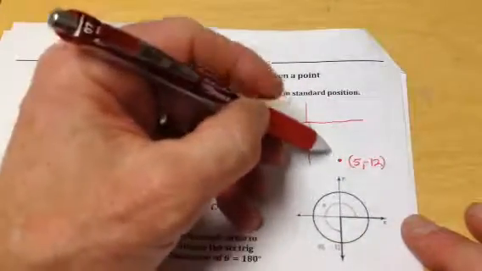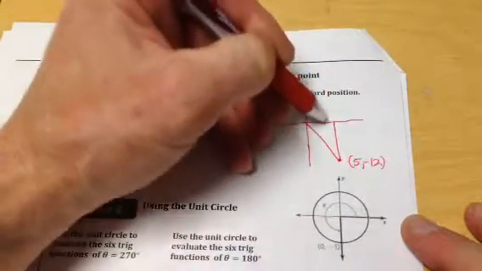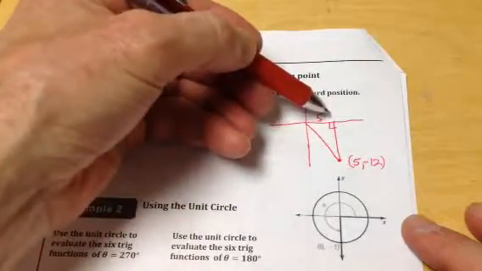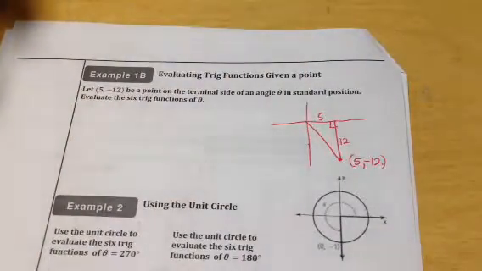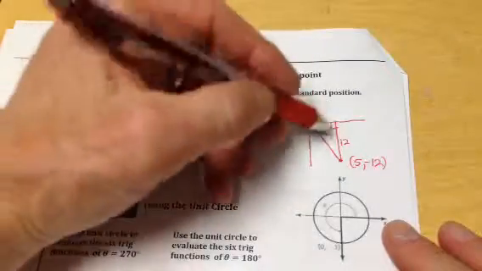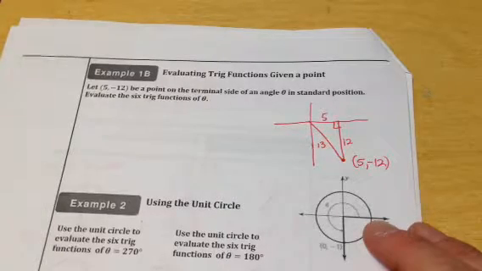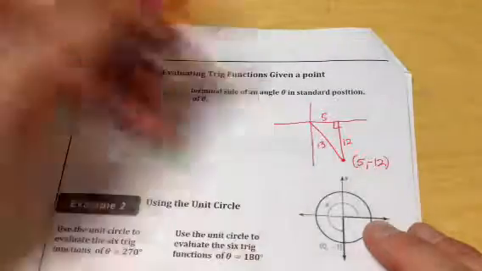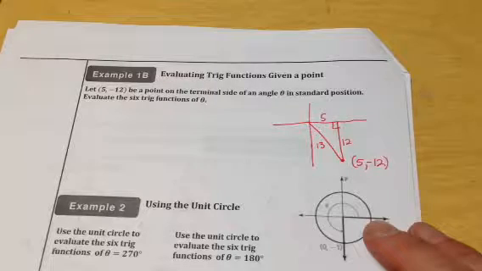We can make a triangle like this, where this should be a length of 5 because we're 5 to the right of the origin, and we're 12 down from the origin. By the Pythagorean theorem, 5 squared plus 12 squared equals 13 squared, so that's 13 for the hypotenuse.